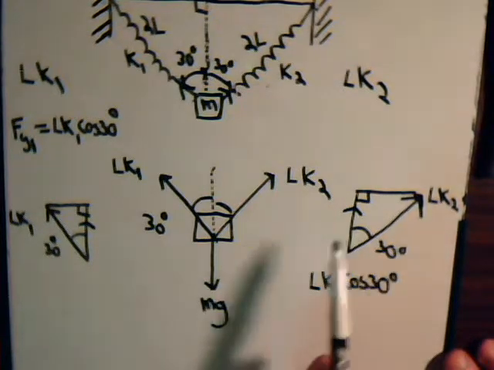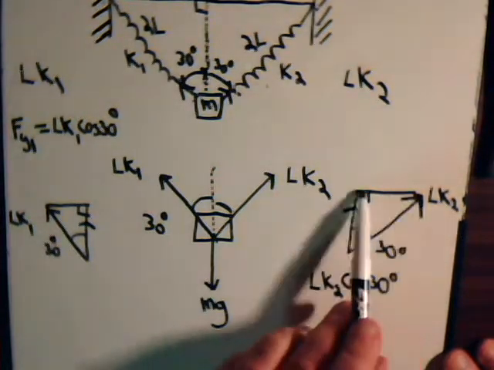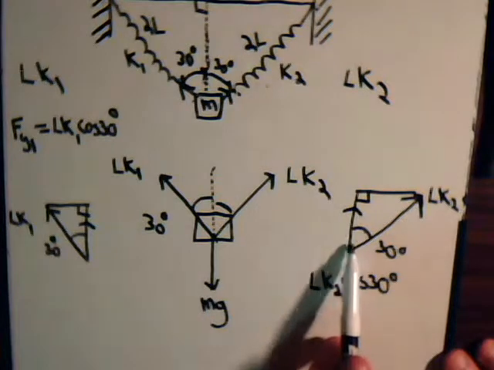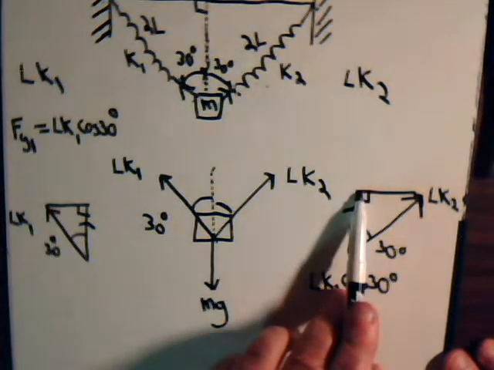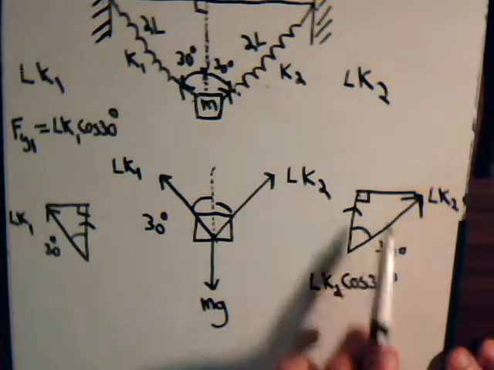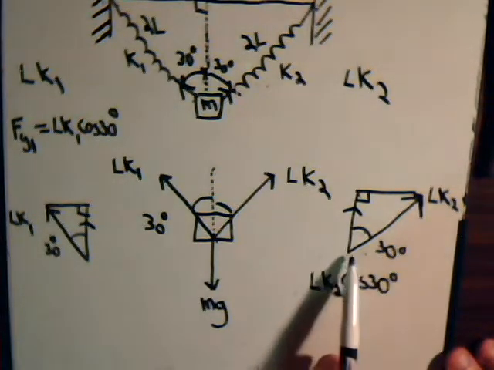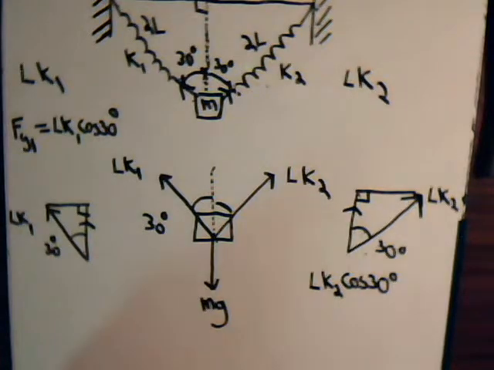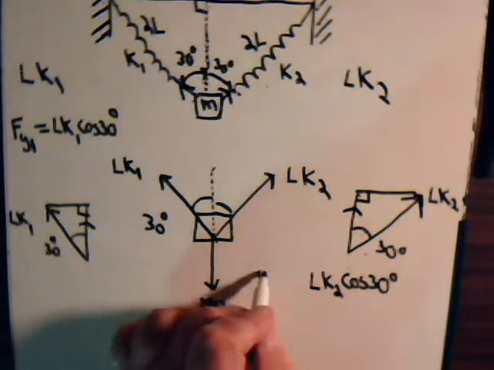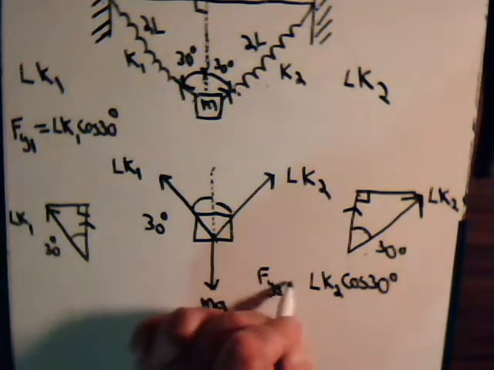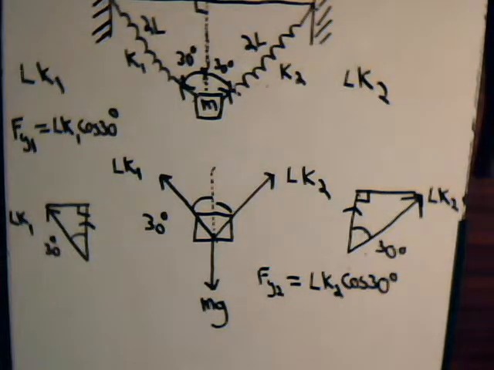And again, it's the cosine because this is the side opposite of 30 degrees. This side, the one that we're interested in, is adjacent to that angle. So this would be the hypotenuse times the cosine of 30 degrees. So we have Fy2, the second force acting straight up, has this magnitude.